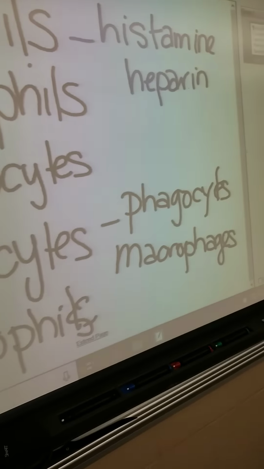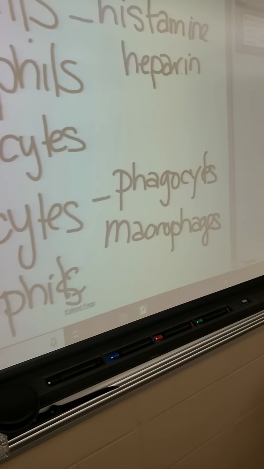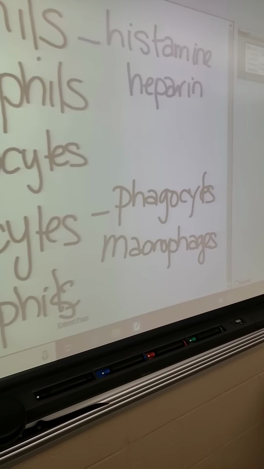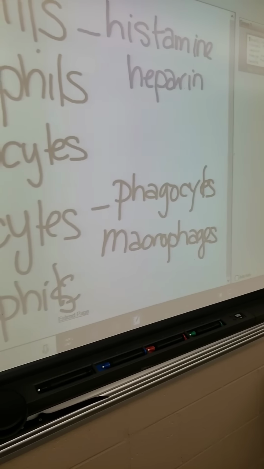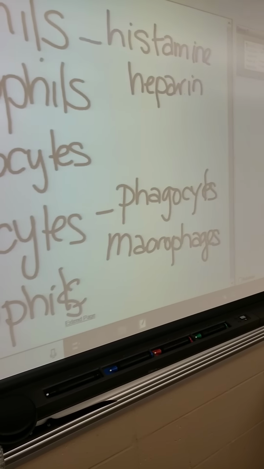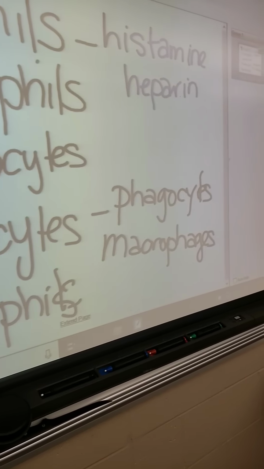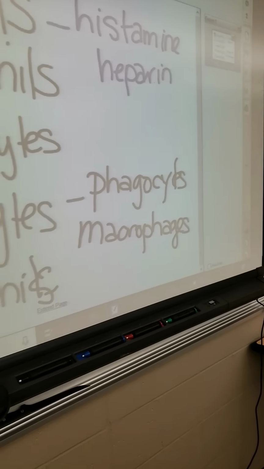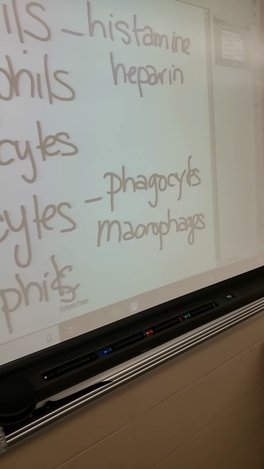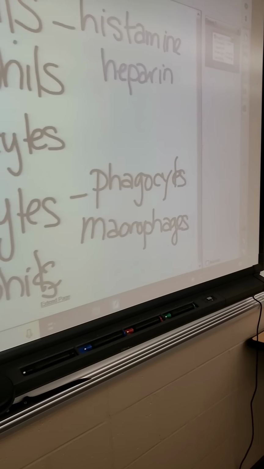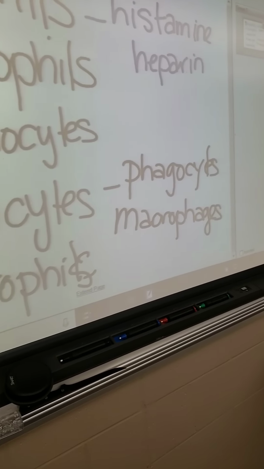They can become larger, and when they get larger, they're called macrophages, to help engulf foreign cells. The neutrophils are also phagocytes, and they ingest and destroy bacteria and foreign particles as well. So you have basophils, eosinophils, lymphocytes, monocytes, and neutrophils. These are all types of leukocytes, or WBCs, white blood cells.